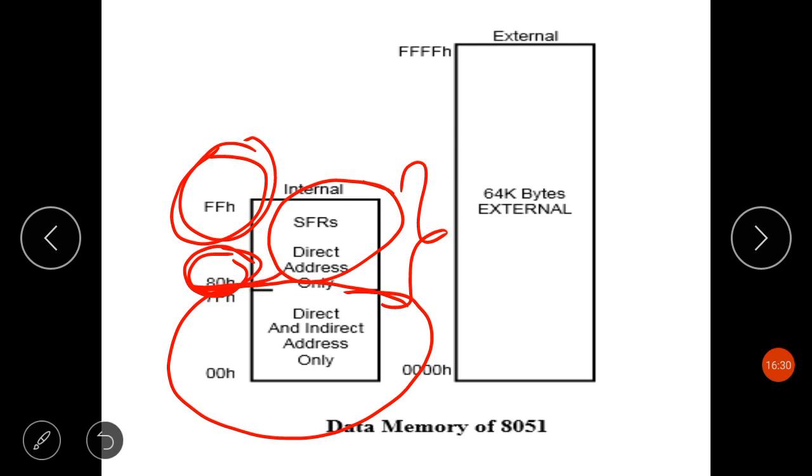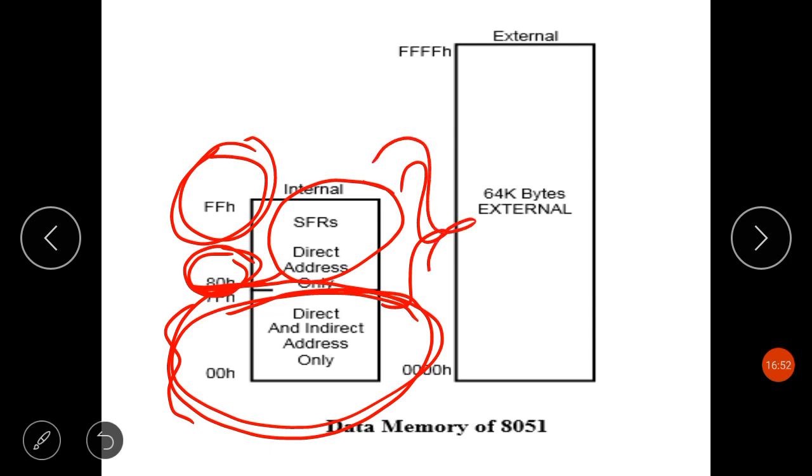Why? Because the addresses 00H to 7FH are addresses of RAM memory. That's why the addresses for special function registers start from 80H. Not all the address space of 80H to FFH is used by special function registers.